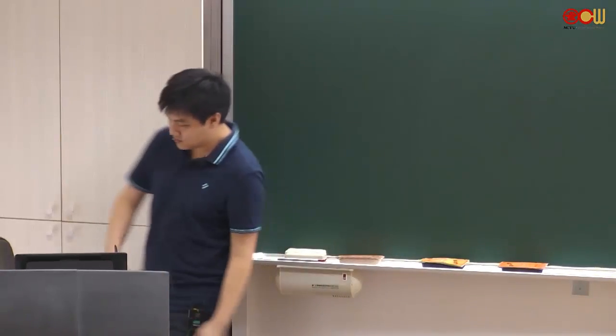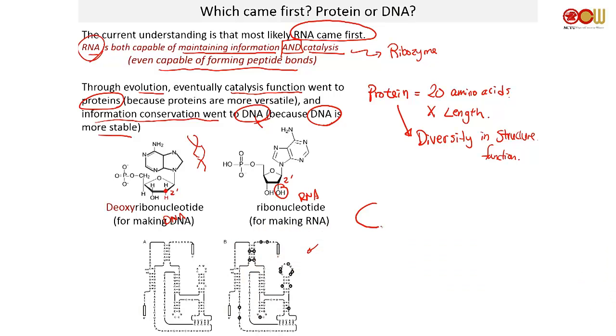Chemical 1 looks like that. Chemical 2 looks like that. Let's say they have to react and become this by forming a bond.